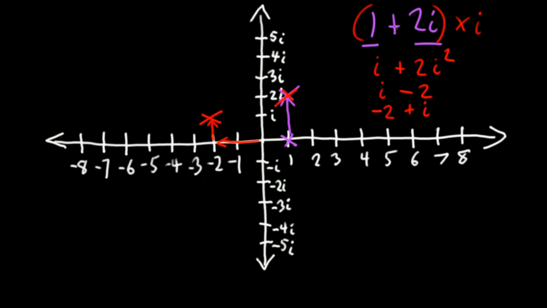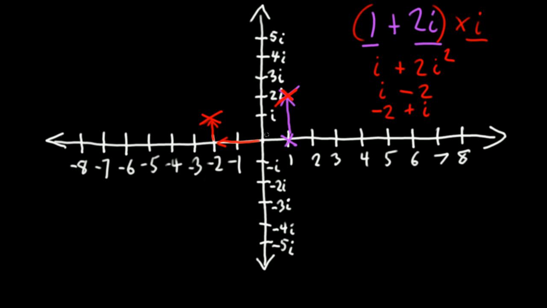So we multiplied 1 plus 2i, which was over here, and we multiplied it by i and got to -2 plus i. Now let's make sure that our geometric interpretation is correct. Multiplying by i should be a rotation of a quarter turn.